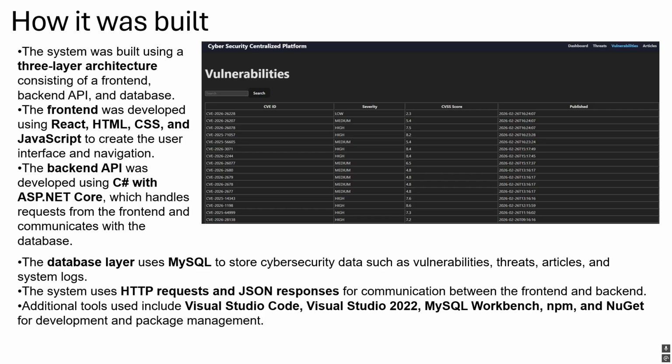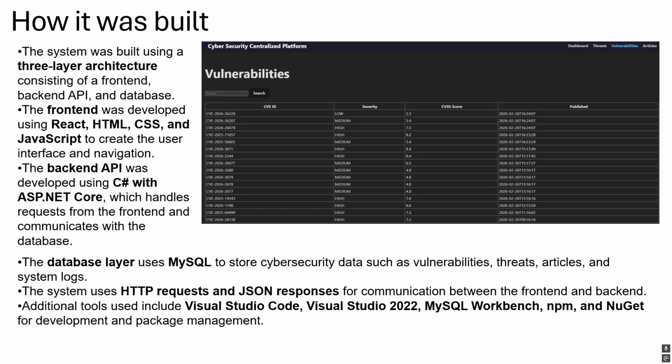The API was developed using C# and ASP.NET Core, and this handles communication between the front end and the database, and it can also create queries that can be generated to send to that database. The database layer uses MySQL to store cybersecurity data, and also system logs.